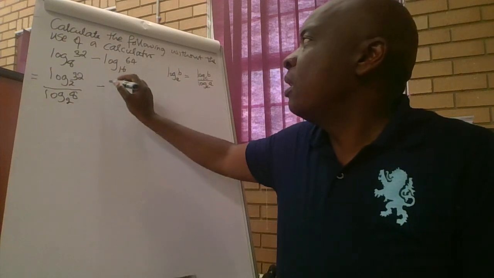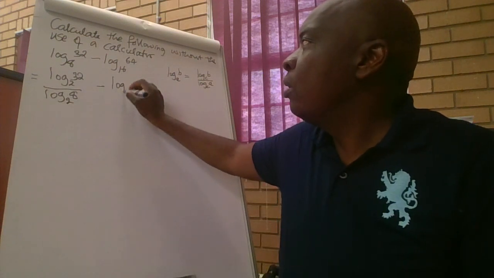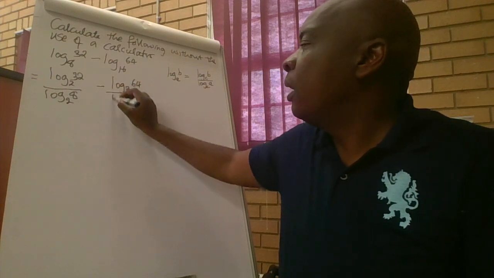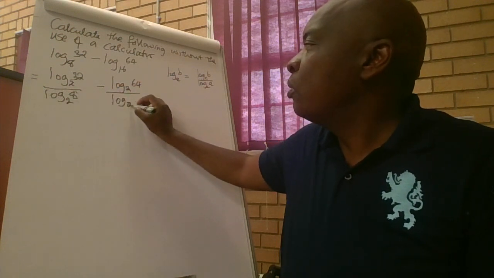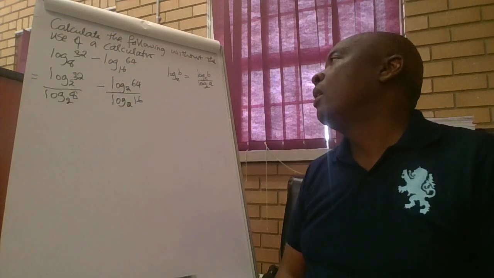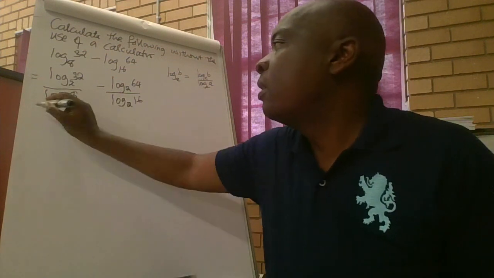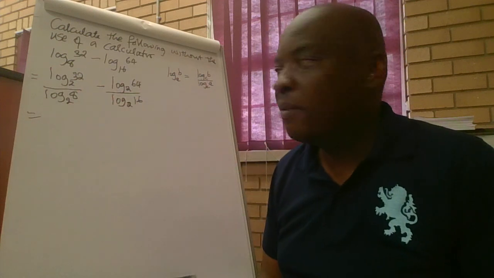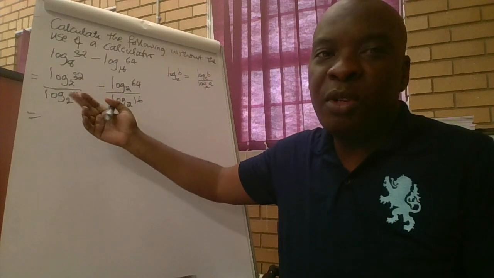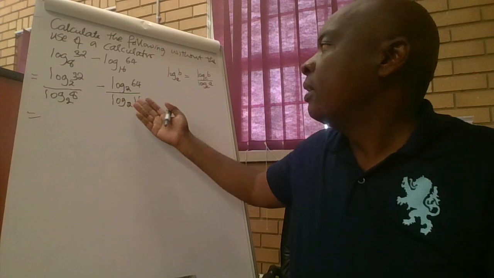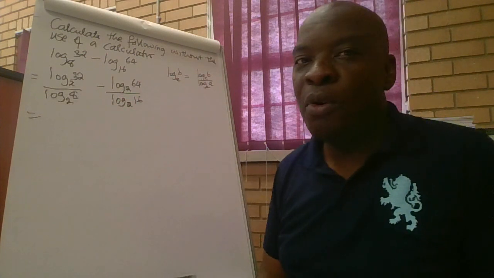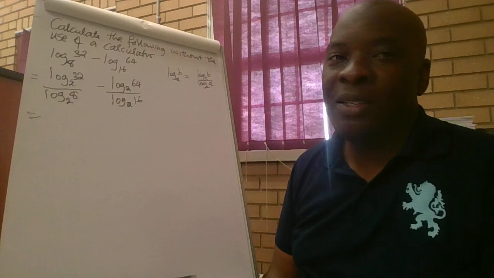And that's also the same here, minus log to base 2 of 64 divided by log to base 2 of 16. And at this point, I can see that 32 can be expressed as 2 to the power 5, and 8 is the same as 2 to the power 3. 16 is the same as 2 to the power 4, and 64 is the same as 2 to the power 6.